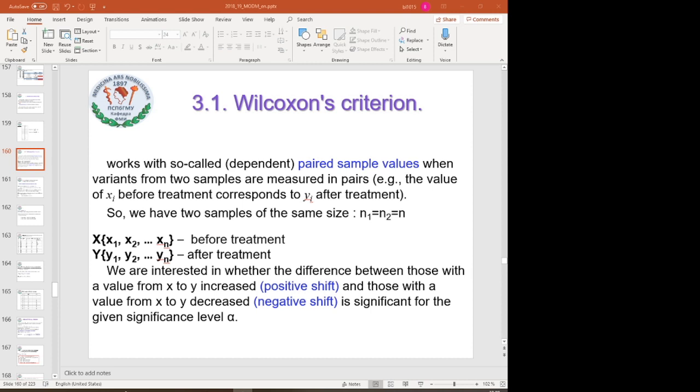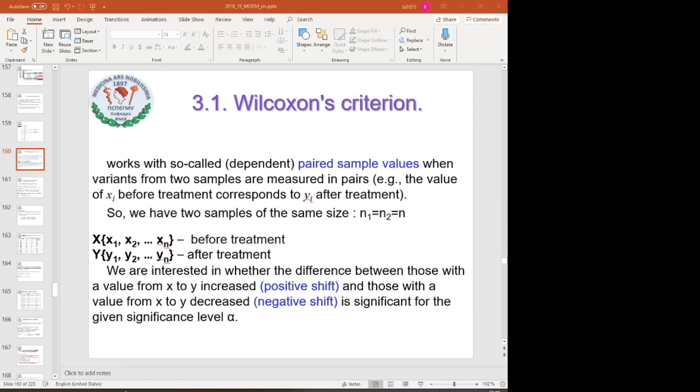In order to deal with non-Gaussian samples, we should move from measured numbers to ranks. And the next criterions will be ranking criterions that calculate ranks, and after that calculate the experimental value and compare it to the critical.